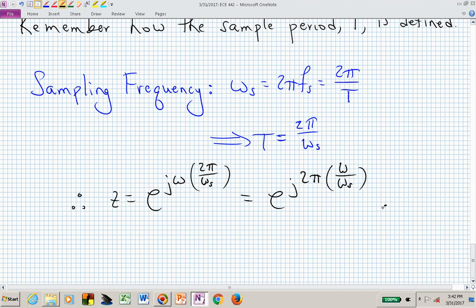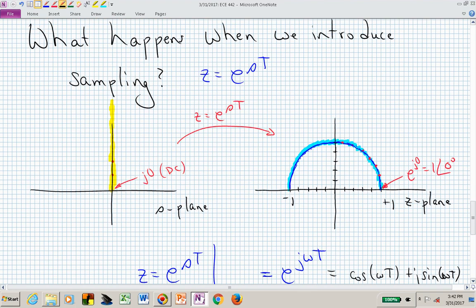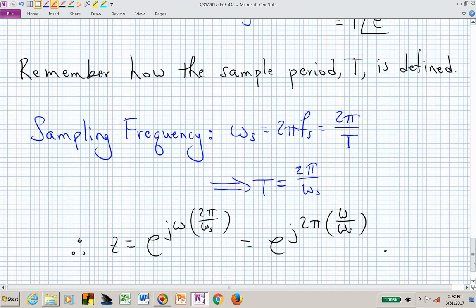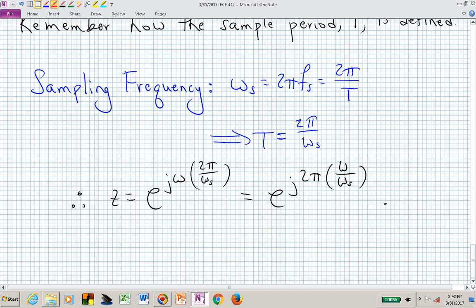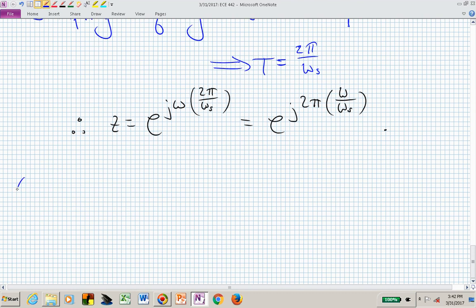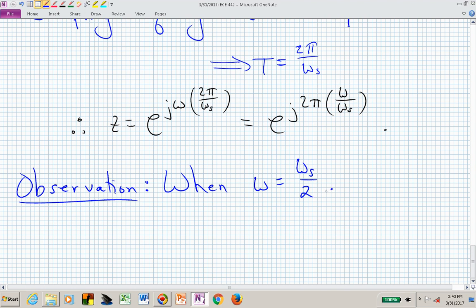And for different values of omega here in the s-plane, we can pick those omegas and see where they put us in the z-plane. Let's make an observation for a specific location in the z-plane. For example, when the frequency omega is in fact half the sampling frequency, omega sub s over 2, what results for z?